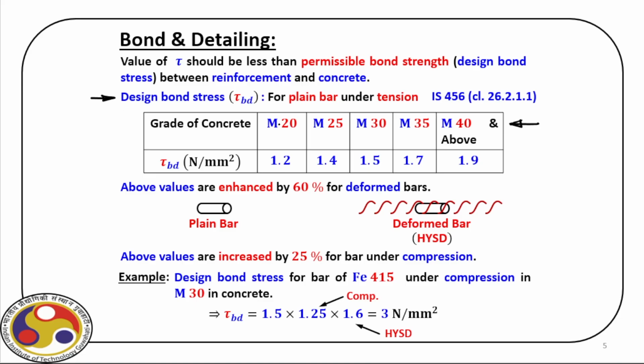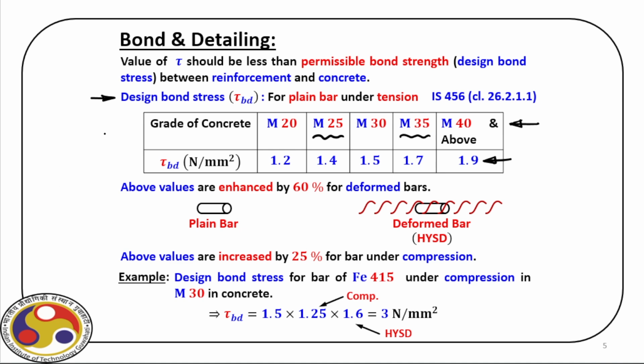For example, if we consider M25, it is 1.4 Newton per millimeter square. If it is M35, tau BD is 1.7 Newton per millimeter square. And for M40 and above, the value is fixed at 1.9 Newton per millimeter square.